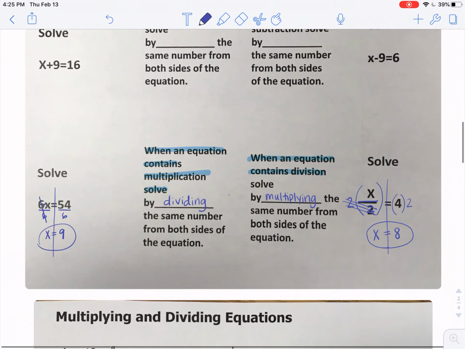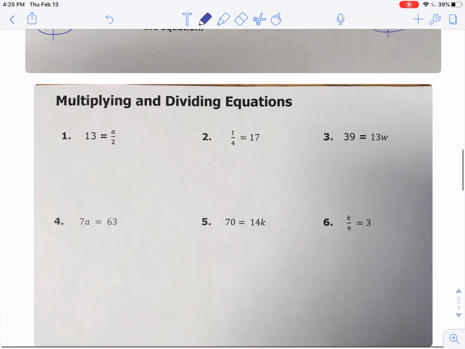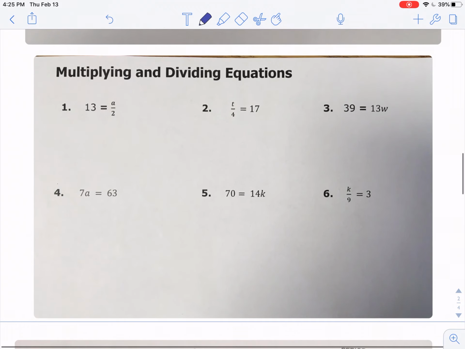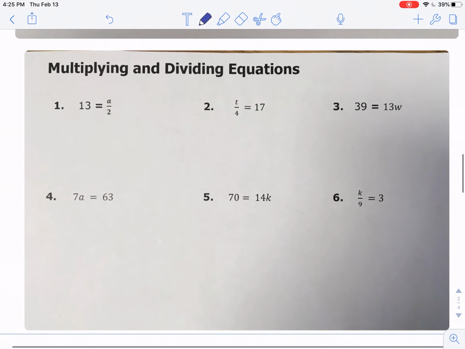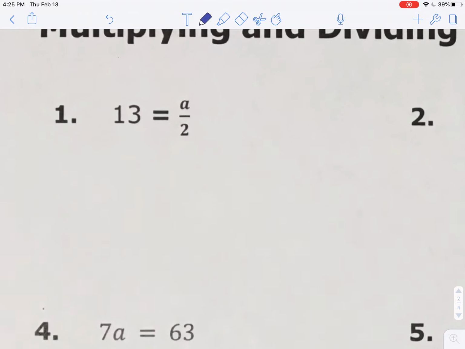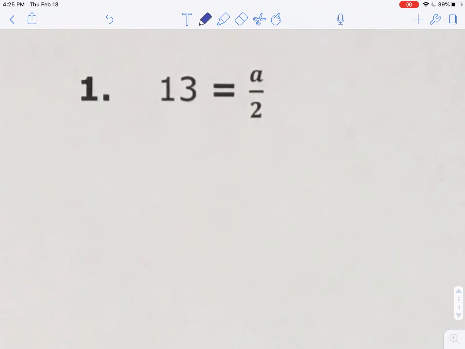Now, you're going to look at this piece of note. We have 6 practice problems here. We're going to start with number 1. Remember, you can draw that line to separate your equation if that helps you. And we're going to circle the variable because we want to try to get the variable all by itself.